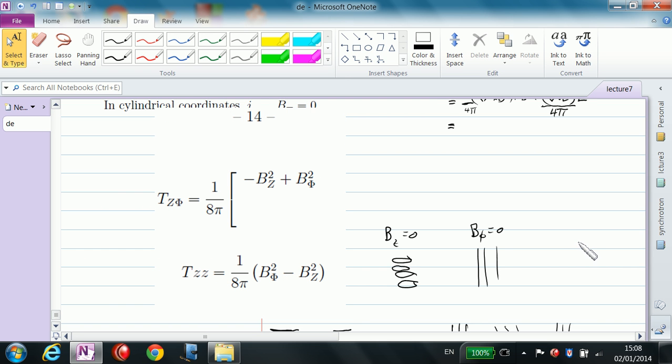Okay. Electric fields are the same. They're under tension along their length, and they're under pressure perpendicular to their length.